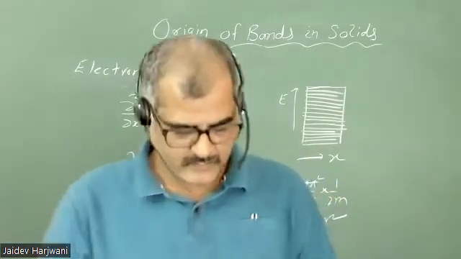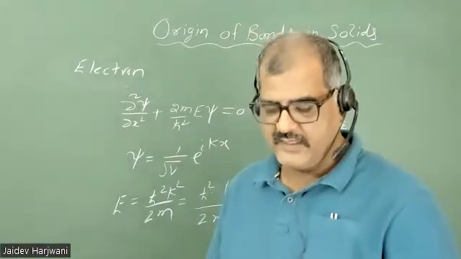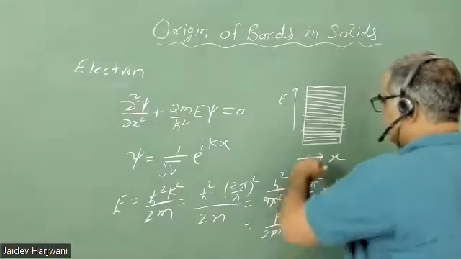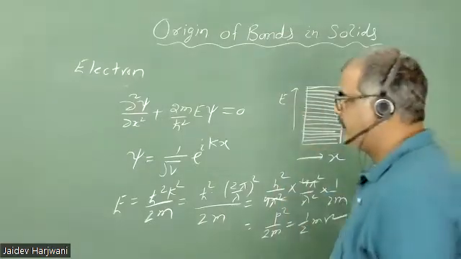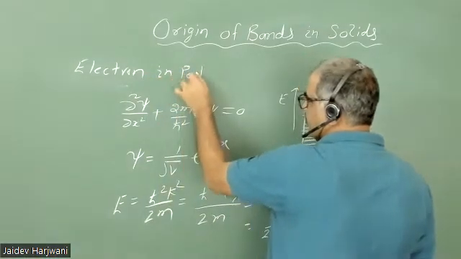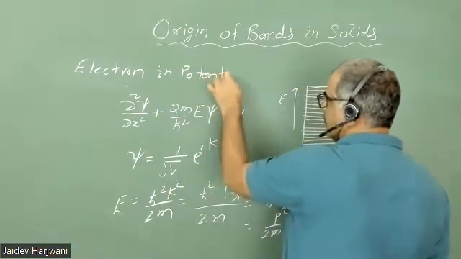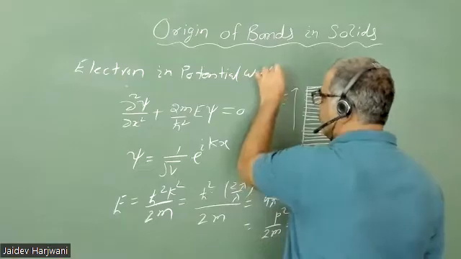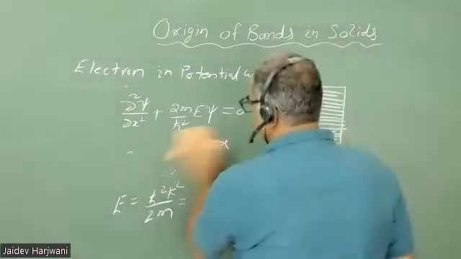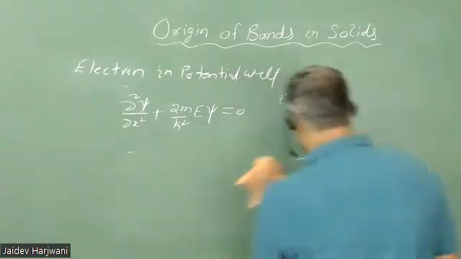Now it's okay. So I was discussing that when a particle is free, it has a continuous level. Now you put an electron in a potential well. If you put an electron in a potential well, you know what Schrodinger equation I'm going to solve now.